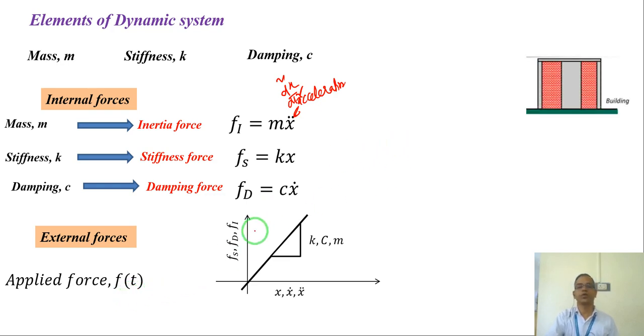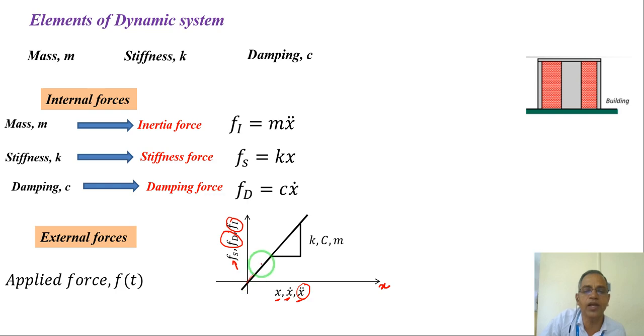Now if you look at this force displacement diagram here, in the x axis I have displacement, velocity and acceleration, and on the y axis, respectively, corresponding to displacement I have a stiffness force, corresponding to velocity I have a damping force, corresponding to acceleration I have inertia force, and all of these forces will have a linear representation.